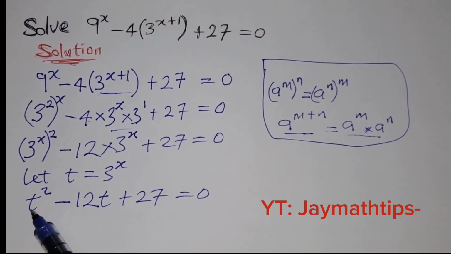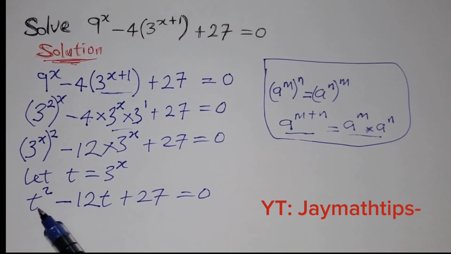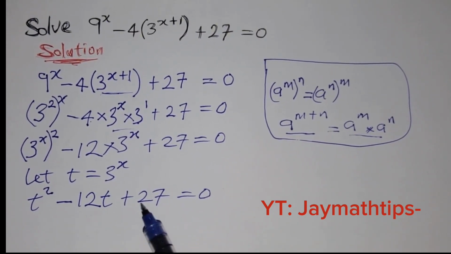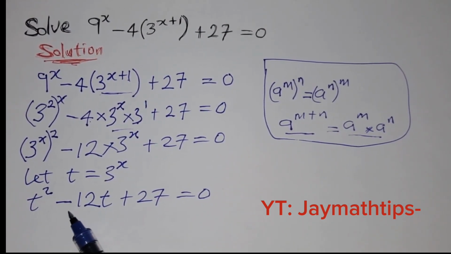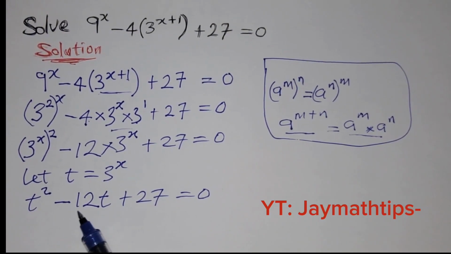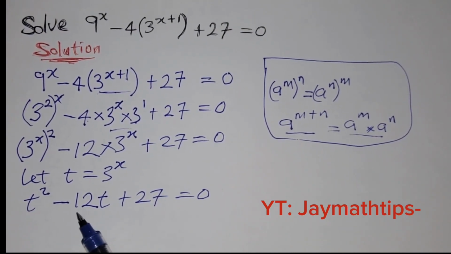So we are going to solve this quadratic equation using the factorization method. In factorization method, you are looking for two numbers such that when you add them, you have minus 12, and when you multiply the same numbers, you get 27. So let us do the experiment here.